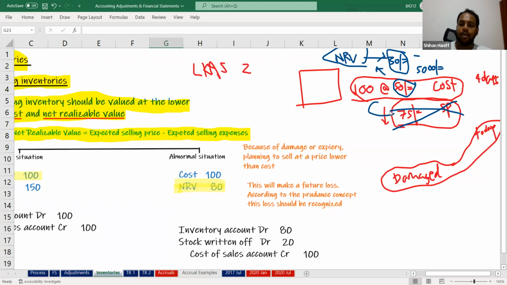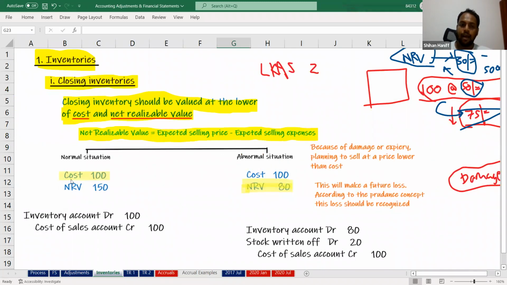So your NRV is less than the cost. In a normal situation the selling price is high, but in an abnormal situation the selling price is less. That is why I've taken a normal situation and an abnormal situation. In the normal situation, your cost is 100 and your selling price, just remember NRV means selling price, is 150.